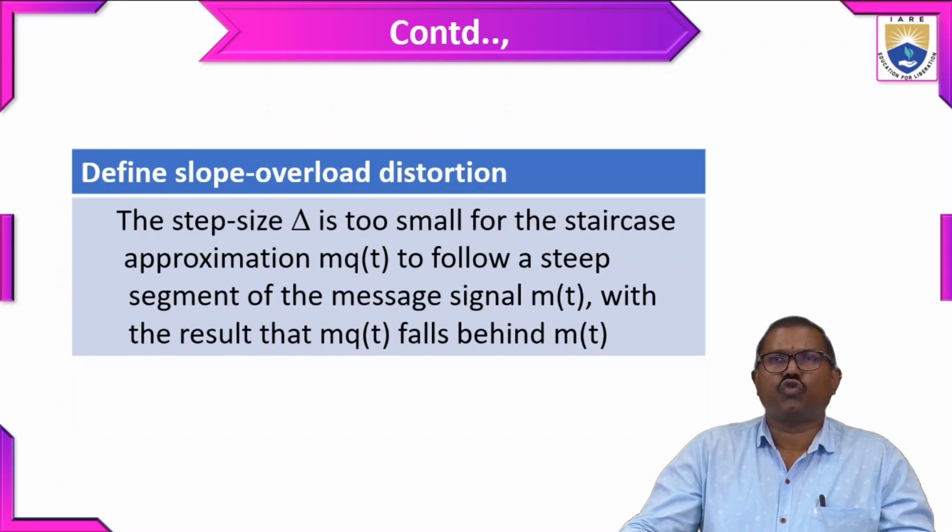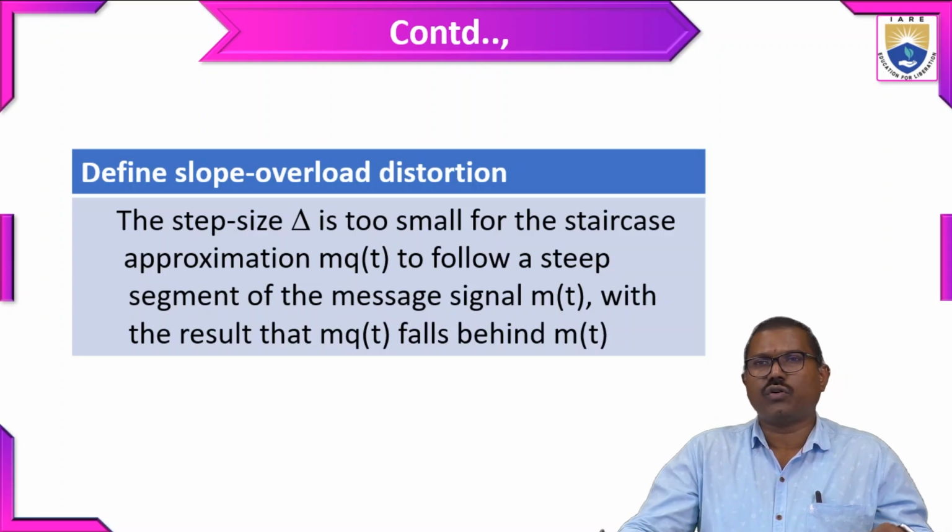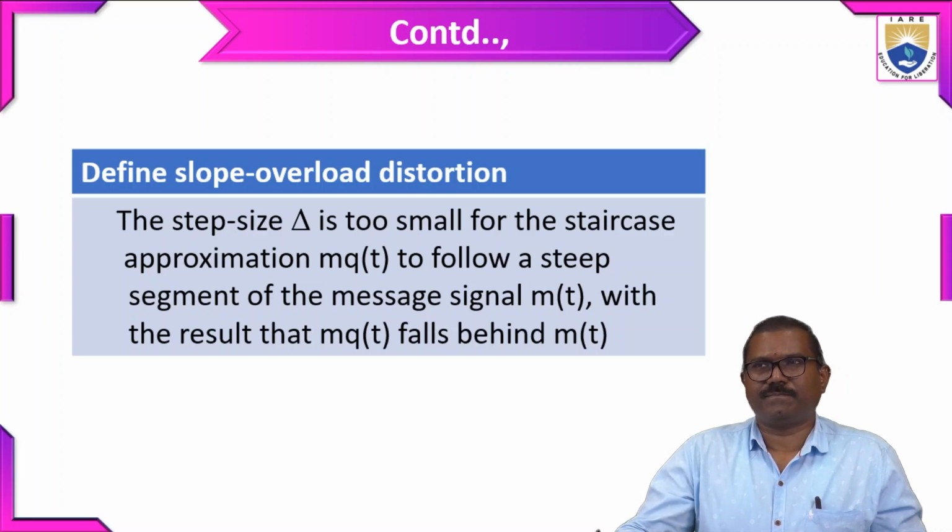Now define slope overload distortion. The step size delta is too small for the staircase approximation m_q(t) to follow a steep segment of the message signal m(t), with the result that m_q(t) falls behind m(t).